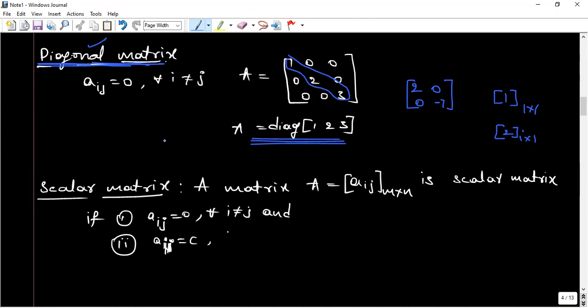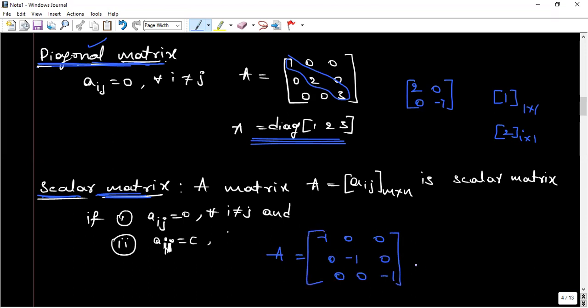Then what is a scalar matrix? It is a type of diagonal matrix where the diagonal elements are the same. It is a diagonal matrix basically, but there we have different numbers. If you consider a scalar matrix, you will have the same number like this: minus 1, 0, 0, 0, minus 1.